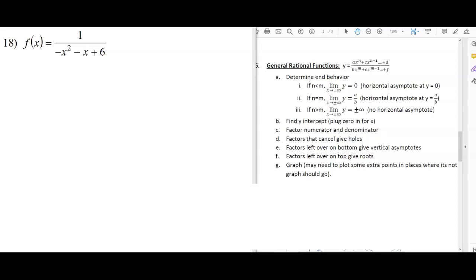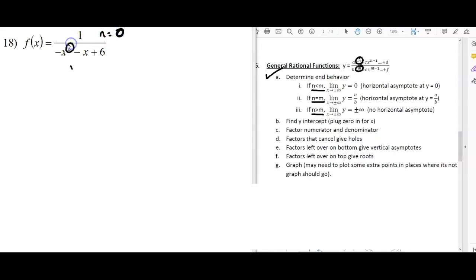So the first thing you want to do with a general rational function is you want to determine the end behavior. Now to do that, you're going to compare the n and the m, and you're going to ask yourself, is n less than m, equal to m, or greater than m? Okay. Now in this case, I don't even have an n. There isn't one. So that means it equals 0.